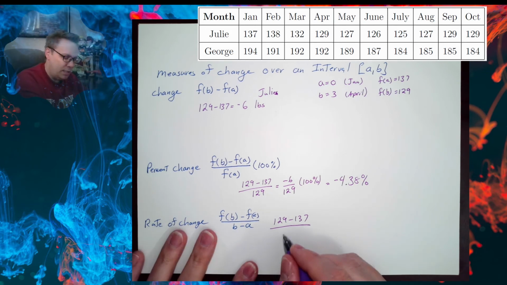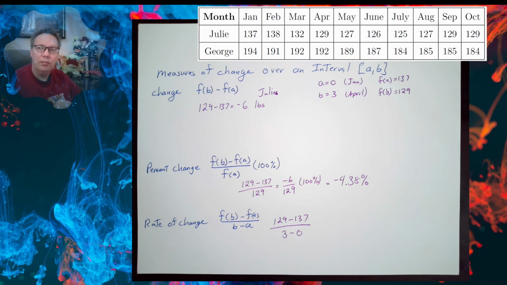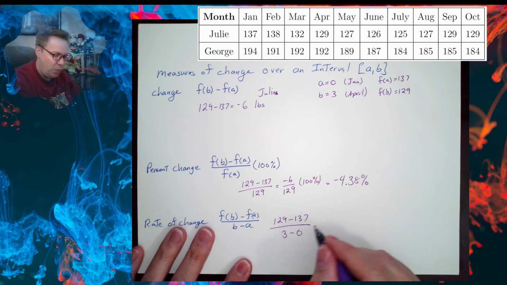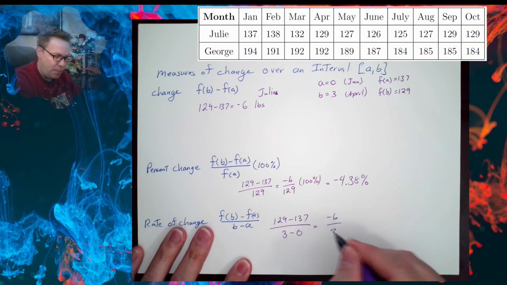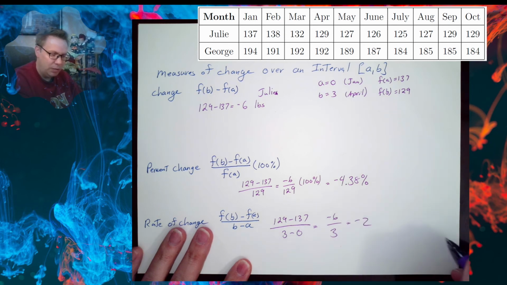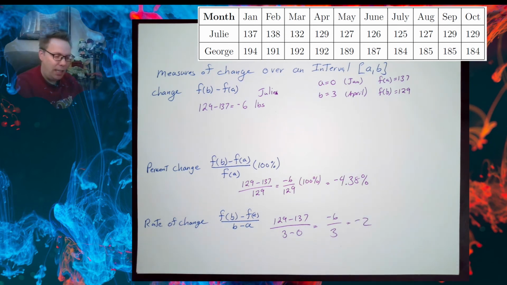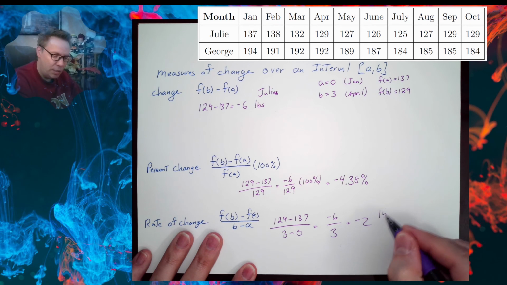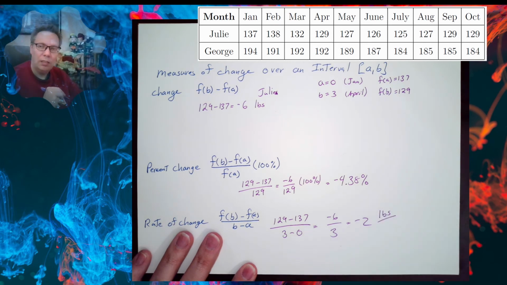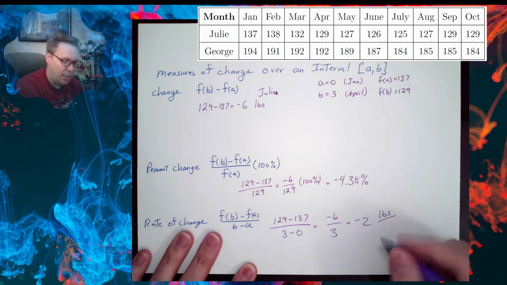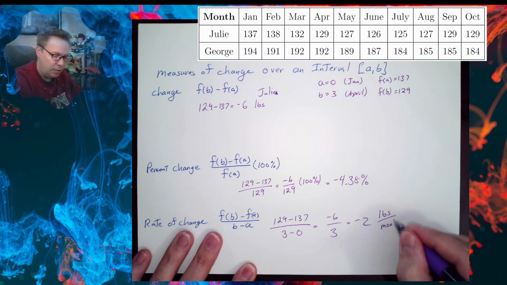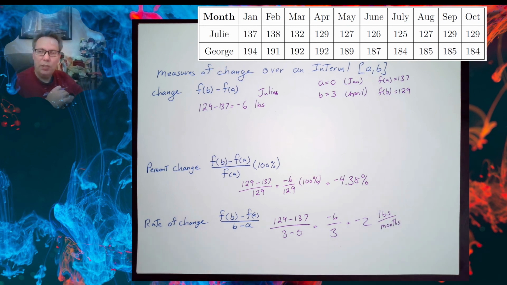So in this case, it's 3 minus 0. So we wind up getting -6 divided by 3, which is -2. And the units for this are the units of the numerator divided by the units of the denominator. So we get pounds per month.